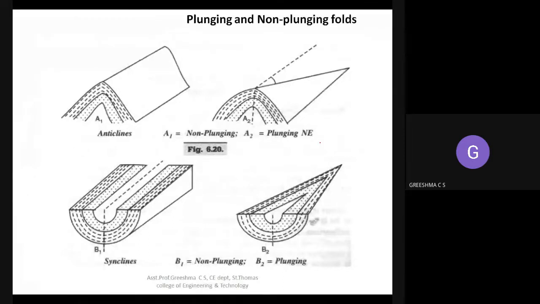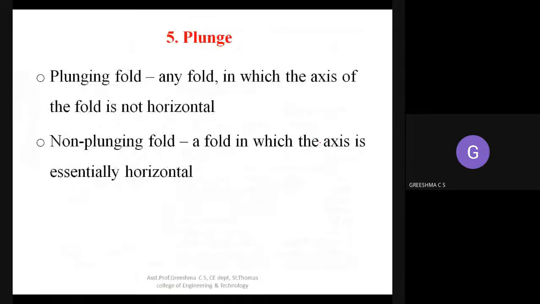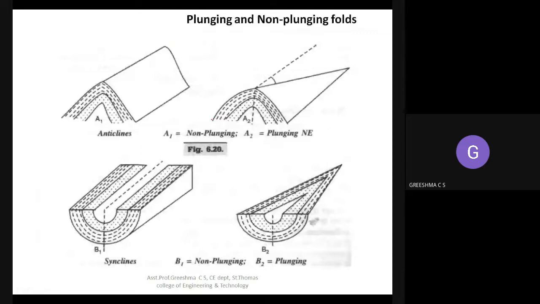In the plunging fold, it may be any fold in which the axis of the fold is not horizontal. So a plunging fold is a fold where the axis of the fold is not horizontal. See this one, this is a plunging fold. You can see this is the axis of the fold.